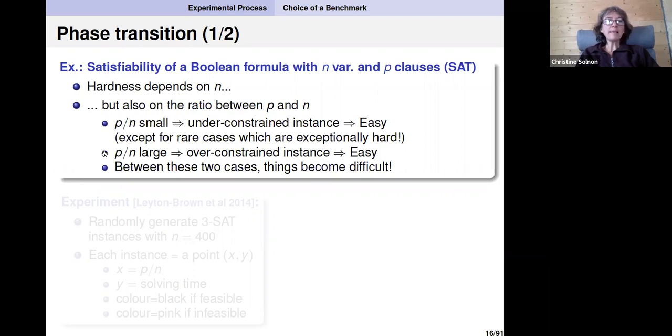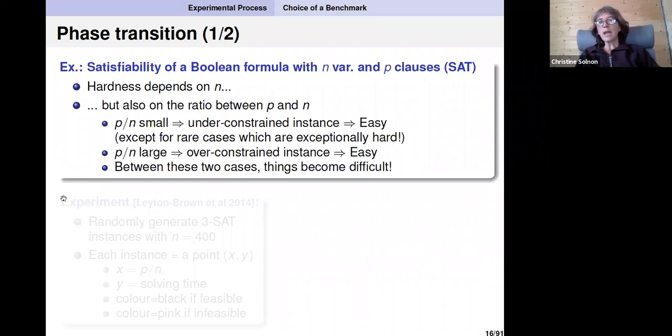On the other hand, if this ratio is large, it means that we have a lot of constraints compared to the number of variables. And in this case, we have an over-constrained instance, which has no solution. And it is usually very easy to demonstrate that this instance has no solution. And the hard instances lie between these two extreme cases.